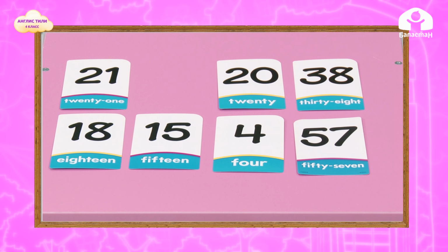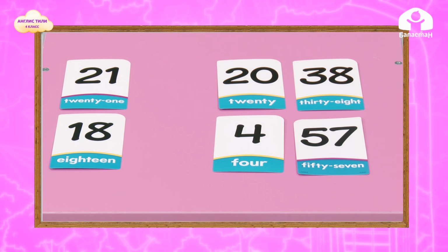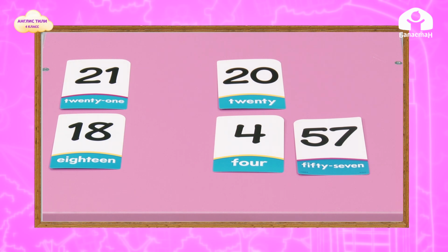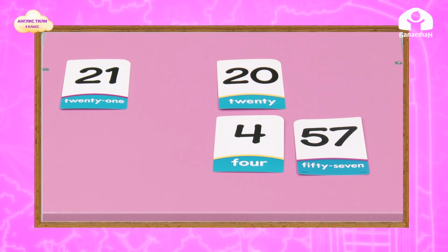Which number is missing? It's 26. Which number is missing? It's 15. Which number is missing? It's 38. Which number is missing? It's 18. That's all. Good job, children. Train your memory and remember the numbers.